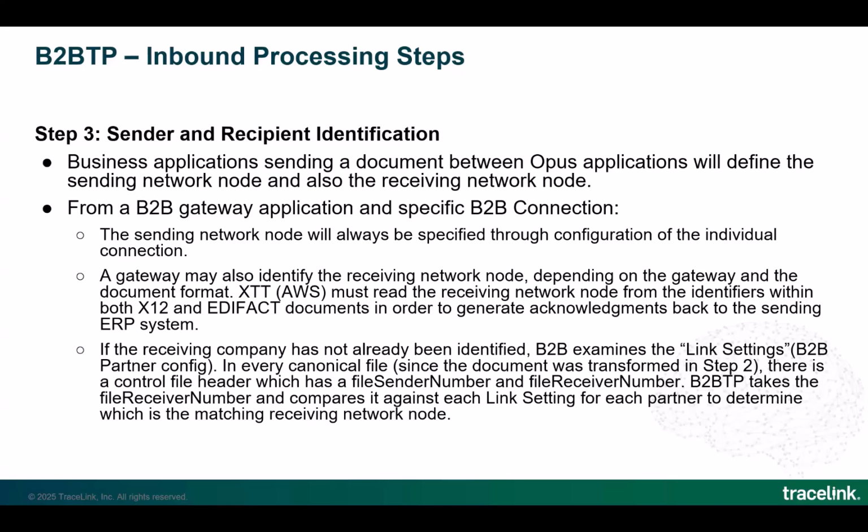It will go and look for the link setting object and find the recipient ID there. From there, the network node associated with that ID type and value would be selected as the receiver identifier, and the sender would be the B2B connection where we send the document. That B2B connection is associated with a sender network node ID. If you have any questions on all of that, you can go through the previous sessions because we talked about it in detail.